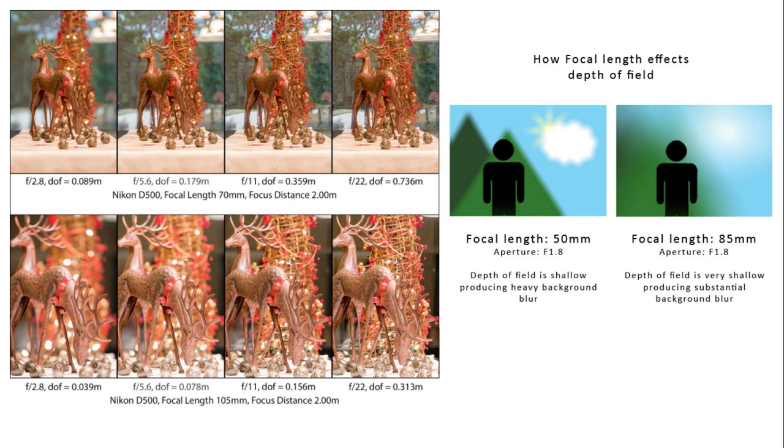The focal length for the second image I'm talking about is 85 millimeters, and the focal length for the first one is 50 millimeters. But the aperture stays the same. If you change the aperture, it'll become a totally different image. The depth of field is shallow, producing heavy background blur. And that's the same with the second one, but it's even more blurred, so the background's almost non-existent.